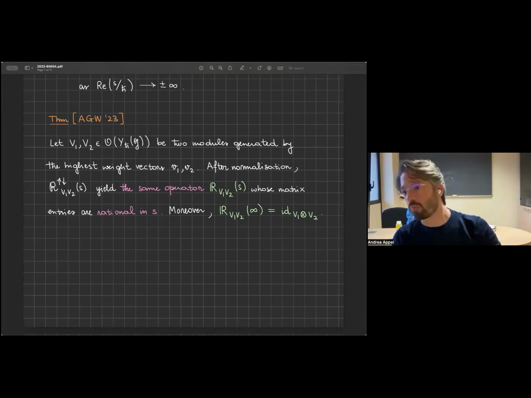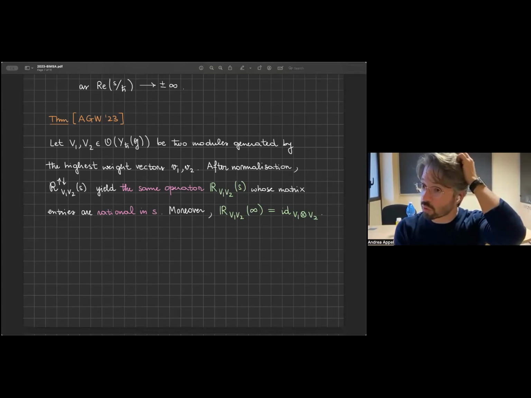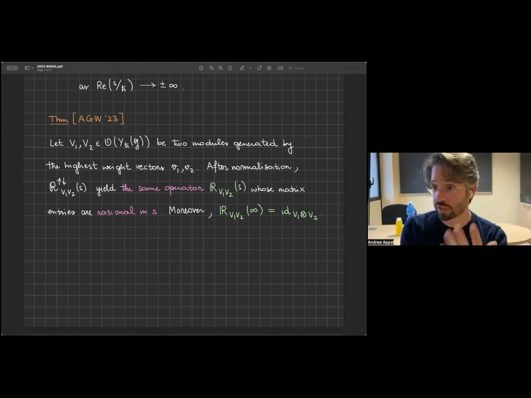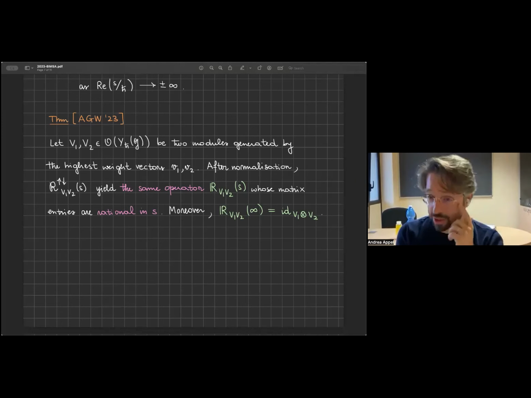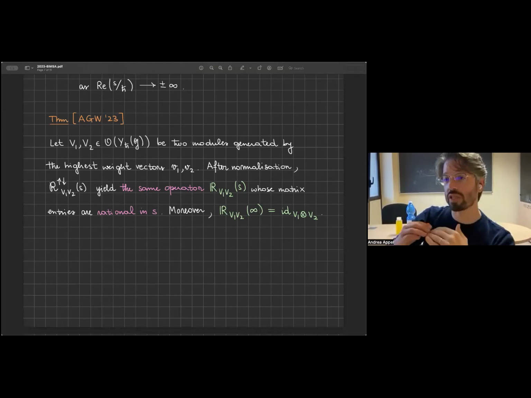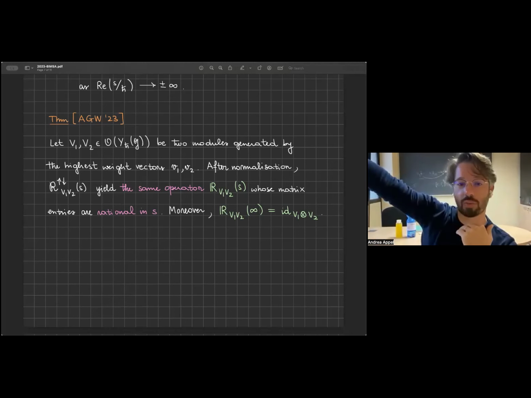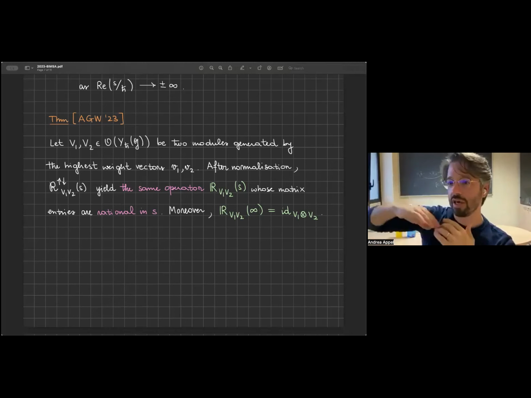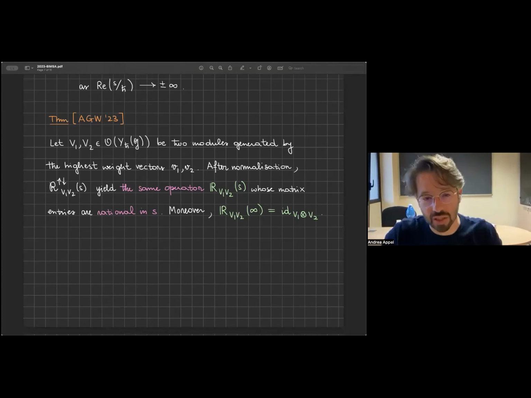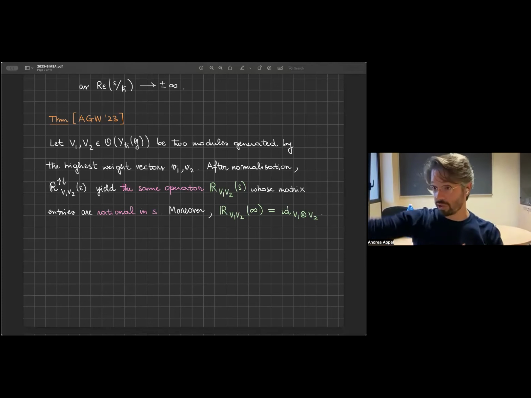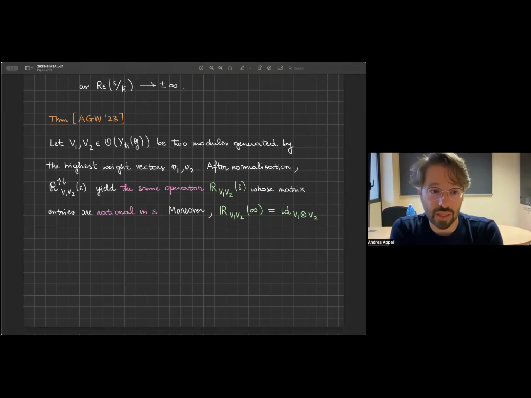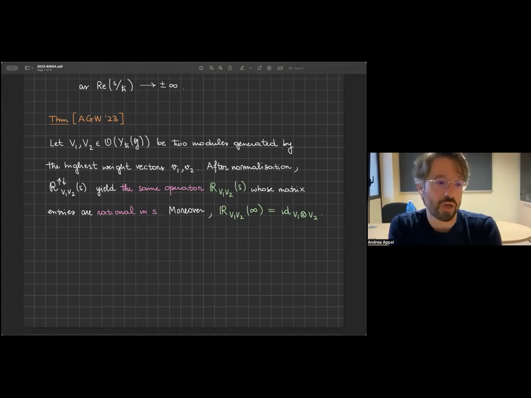This normalization procedure, which is similar to what happens in Drinfeld but only a little bit, produces a rational operator. Moreover, this rational operator has an extra normalization condition at infinity: if you take the limit as s goes to infinity, you just find the identity.